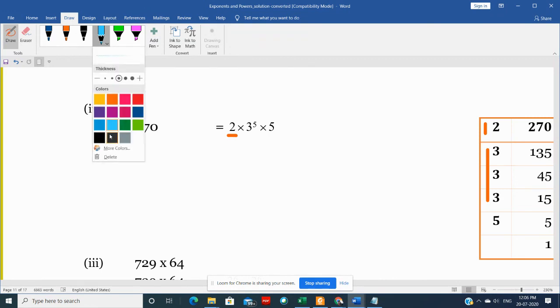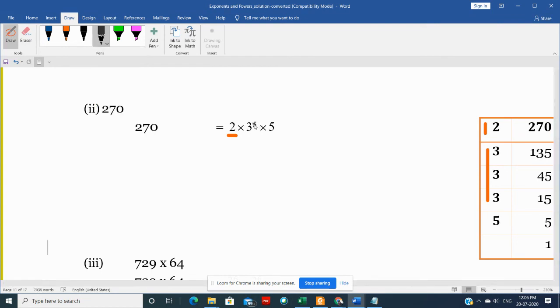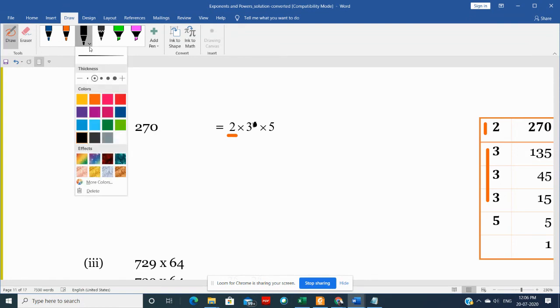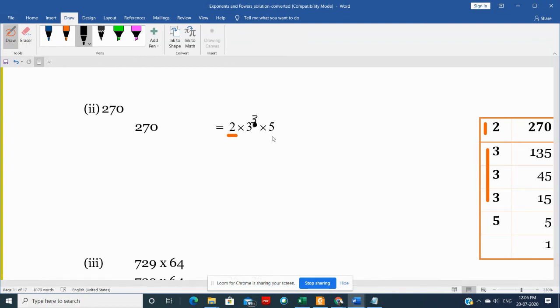This is not 5 times, okay? So 3 cube and 5 is 1 time. Alright. So this is how you solve this kind of sums.